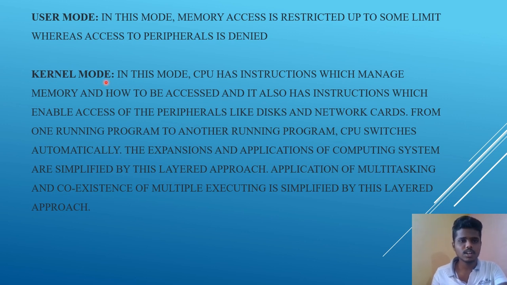Coming to kernel mode, the CPU has instructions which manage memory and how it is accessed. It also has instructions which enable access to peripherals like disks and network cards. From one running program to another running program, the CPU switches automatically.